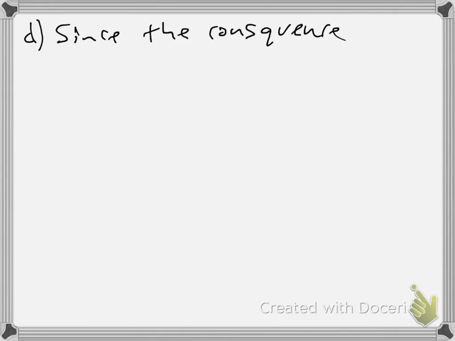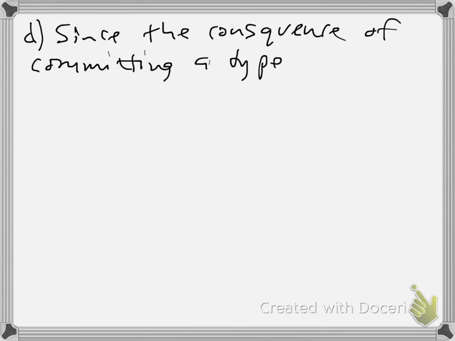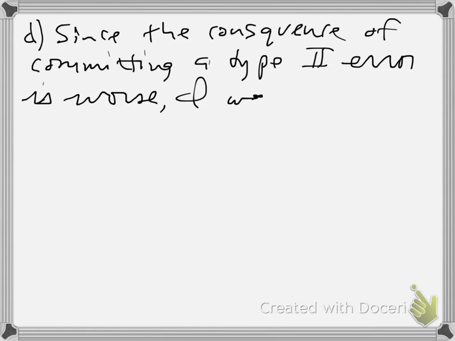So part D, since the consequence of committing a type 2 error is worse, I would use an alpha equals what level?